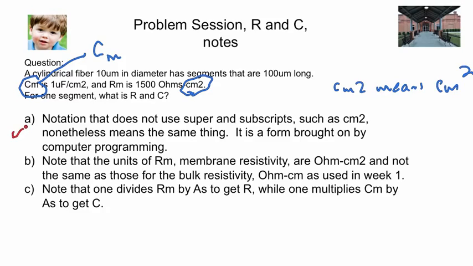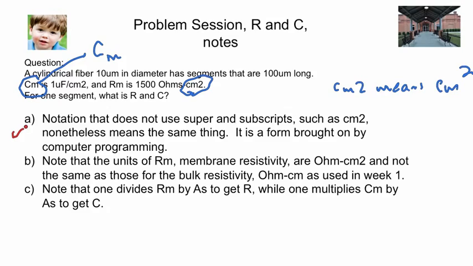As a second note, it's helpful to bring to mind the fact that the units of membrane resistivity are ohm centimeter squared. They're not the same as those for the bulk resistivity, that is to say the resistivity of the material inside the cell or the material outside the cell.